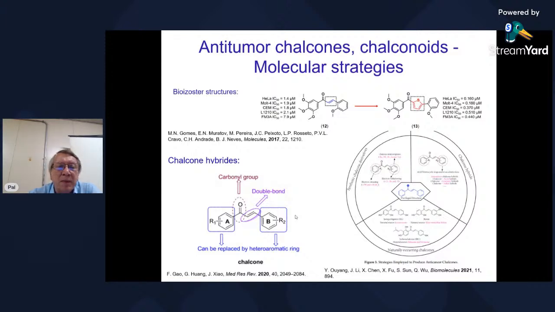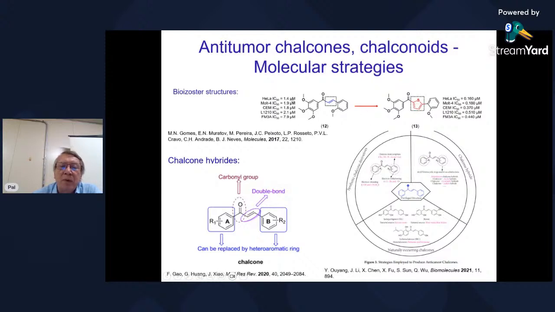The bioisoster structures are those which are equivalent, isosteric, with respect to their biological actions. For example, here is one example of bioisosterism of chalcone, in which the enone carbon-carbon double bond was replaced by a thiazole ring.